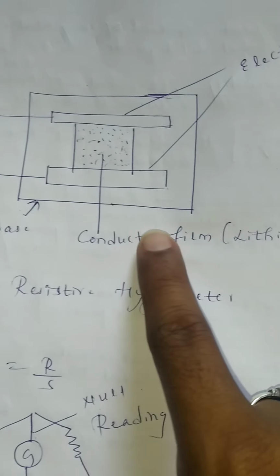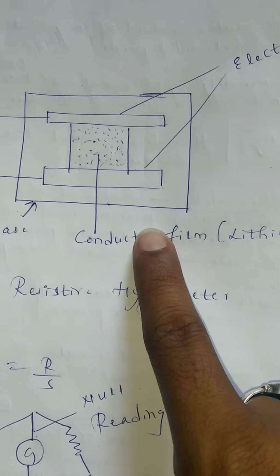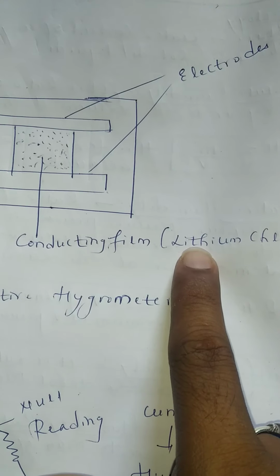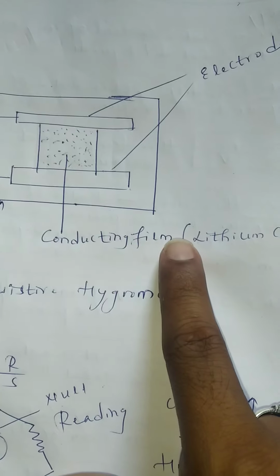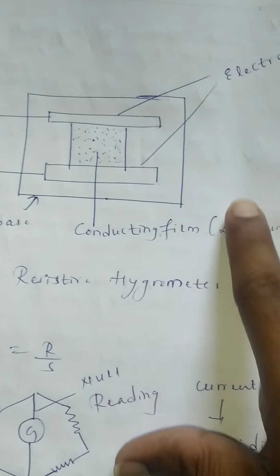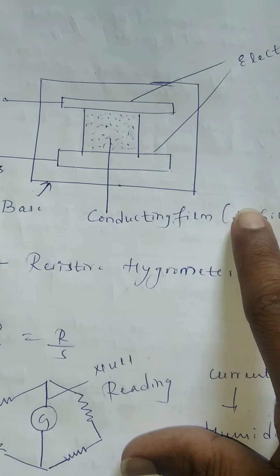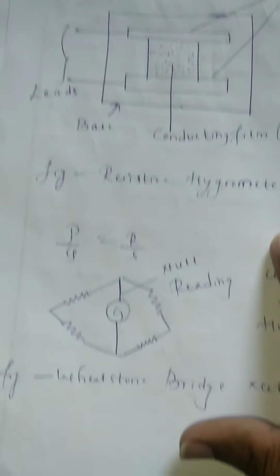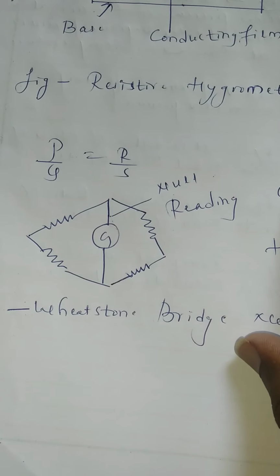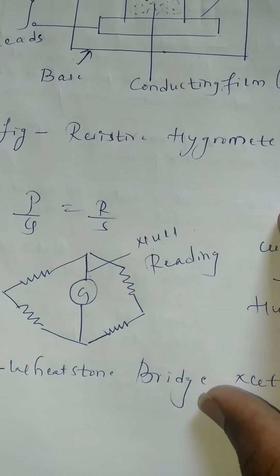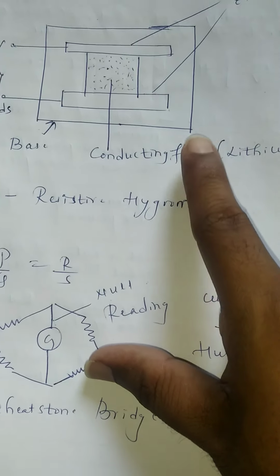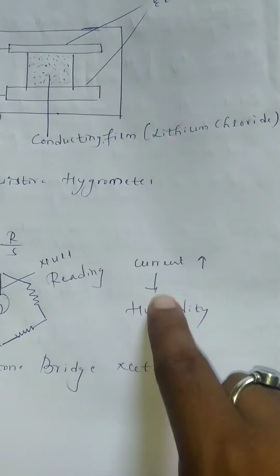The conductive film has a mixture of lithium chloride and carbon, whose resistance changes with changes in humidity. As the relative humidity increases, the conductive film absorbs more moisture and its resistance decreases.